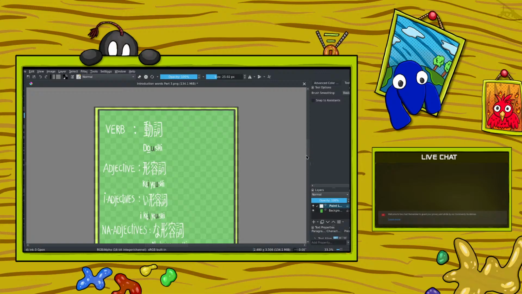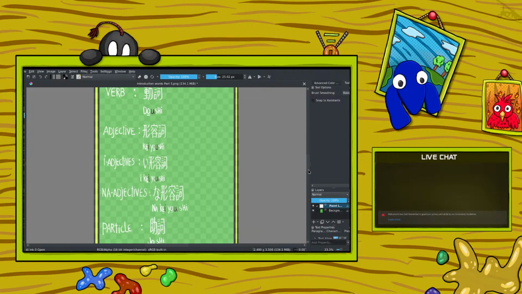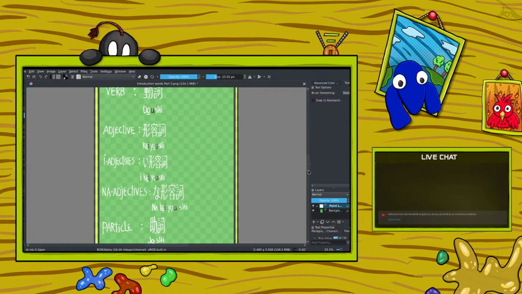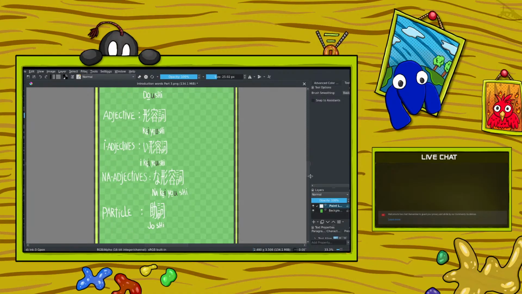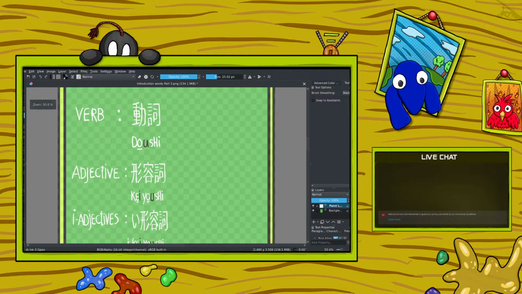Joshi is, of course, a particle. The verb is the doshi, the adjective is the keiyoshi, the i adjective is the ikeiyoshi, and the na adjective is the nakeiyoshi. So that's the whole deal with that sentence part. I forgot how annoying it was to look these things up. Luckily, once you have those, you don't have to worry about anything else.